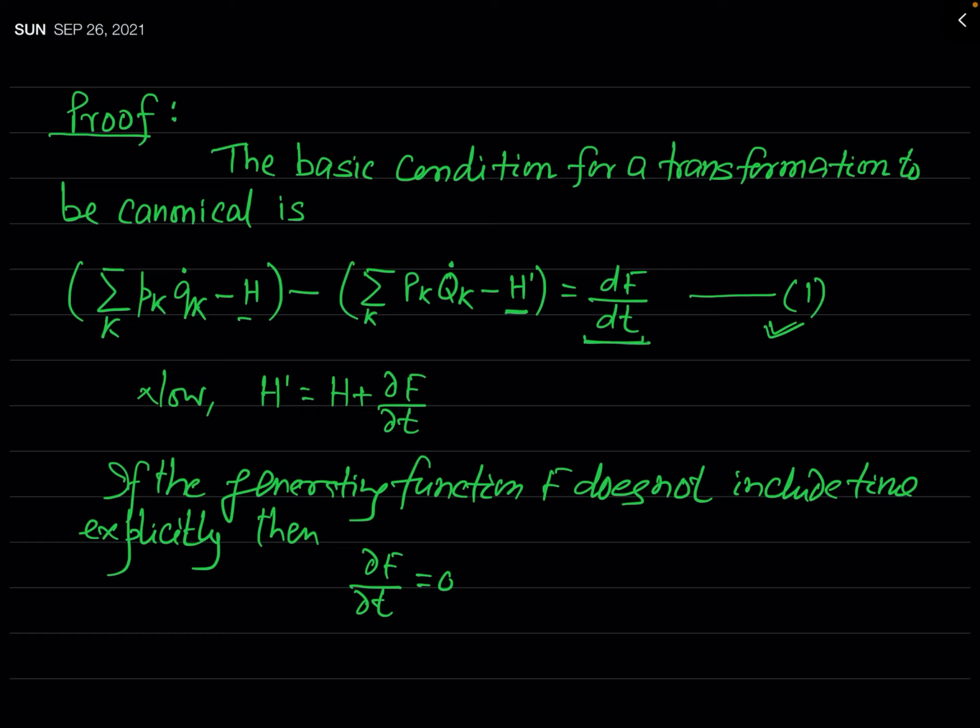Remember, dF by dt is not 0, but the partial derivative of F with respect to t will be 0. So in this condition, you can see from this relation between the old and new Hamiltonian that the old and new Hamiltonian both will become the same.